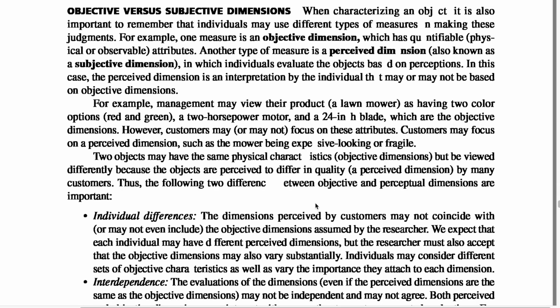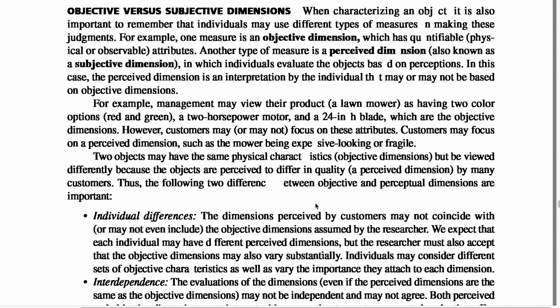For example, management may view their product, a lawn mower, as having two color options, red and green, a 2 horsepower motor and a 24 inch blade, which are the objective dimensions. However, customers may or may not focus on these attributes.